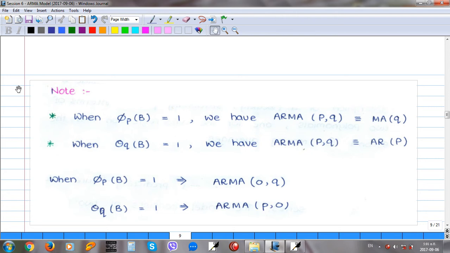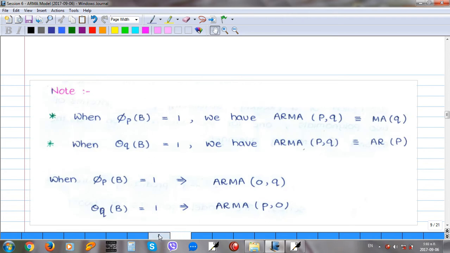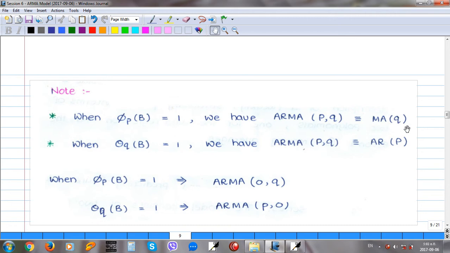So when we take the ARMA(p,q) model, if phi p(B) equals 1, it converts to theta q(B), which means it is a moving average process of order q. And also if theta q(B) equals 1, it converts into the autoregressive model of order p, that is represented here, right?